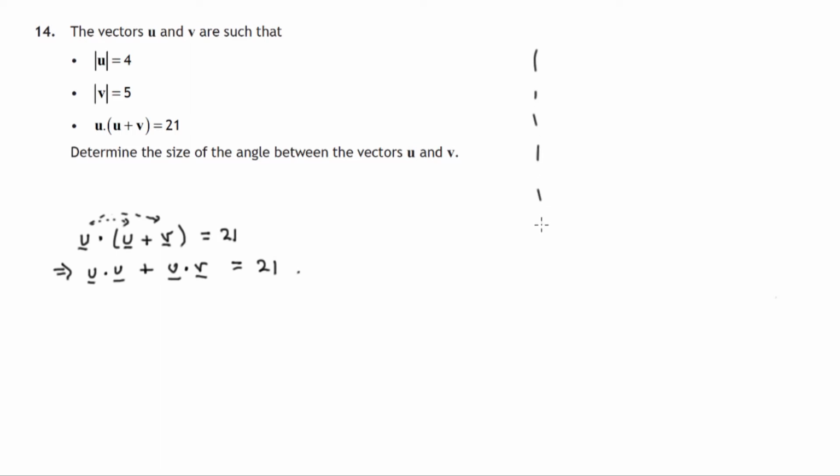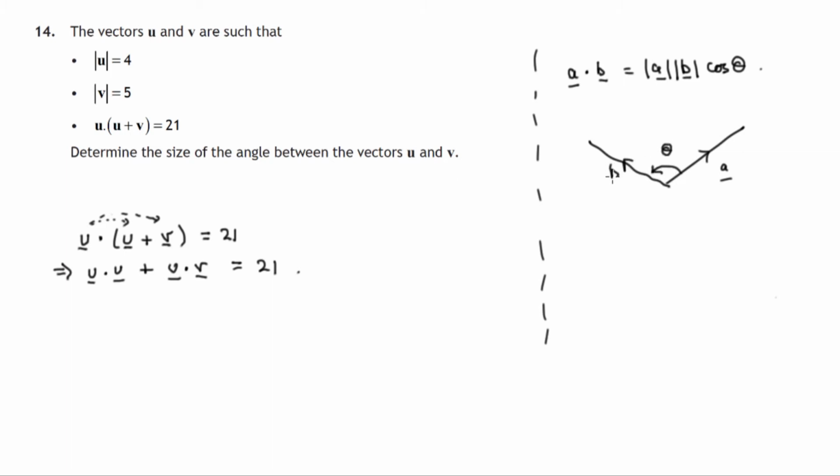Now, one of the definitions of the dot product of two vectors is the magnitude of the first one, the length of the first one, times the magnitude of the second one, times the cosine of the angle in between them. That's a and that's b. There's the angle in between them.